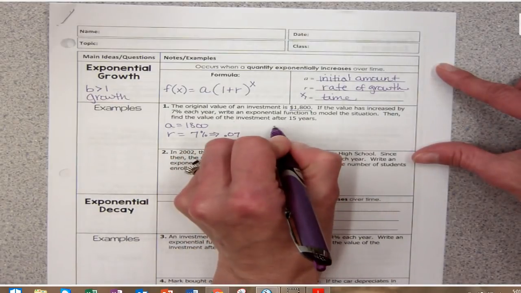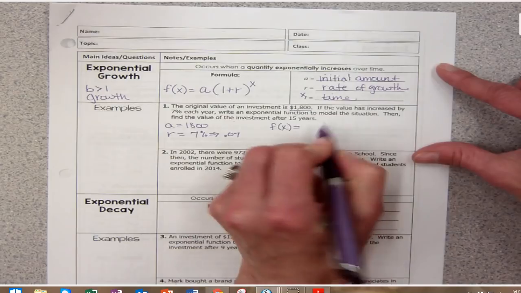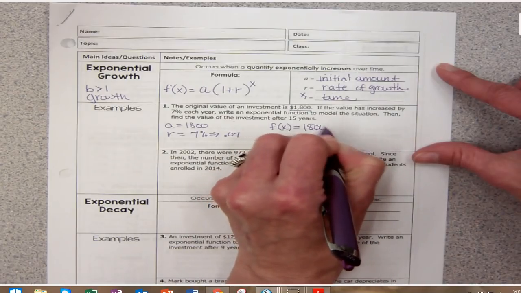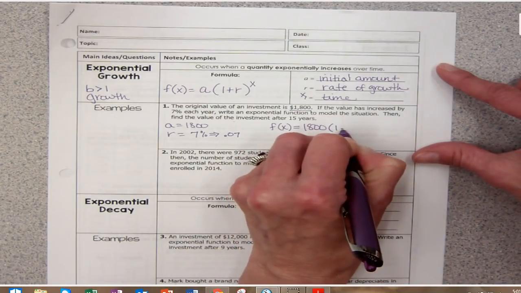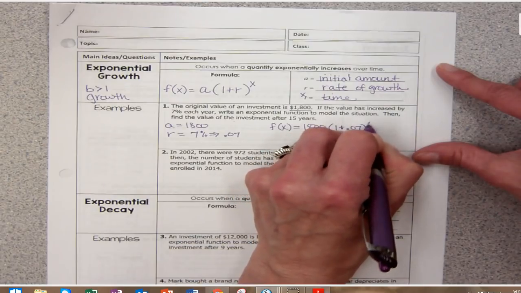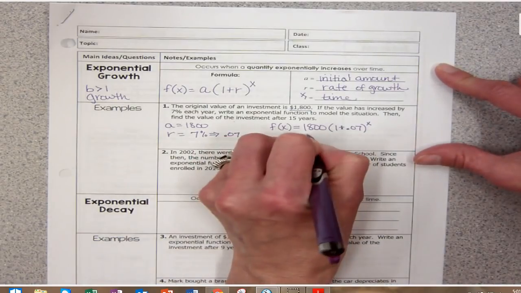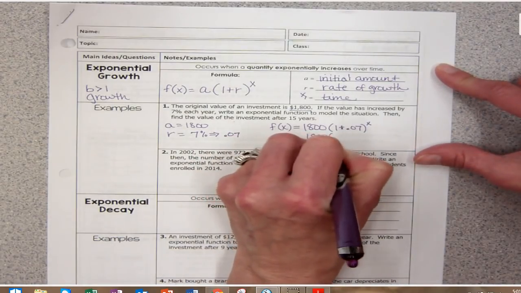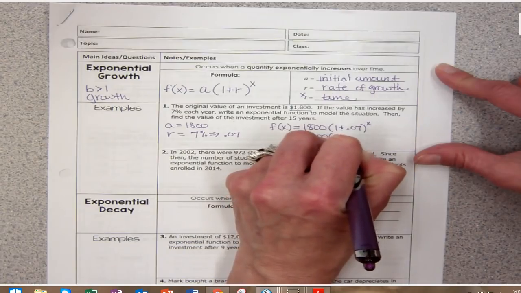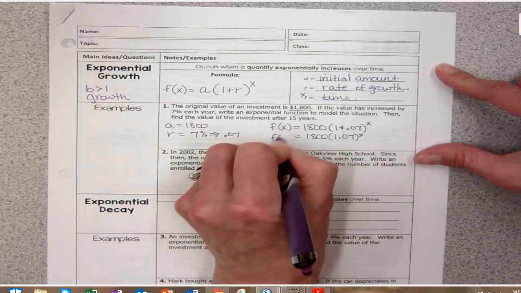So that's going to be f of x, or t, equals 1,800 times 1 plus 0.07 to the x power. So if we add that together, 1,800 times 1.07 to the x power. So here's your equation.